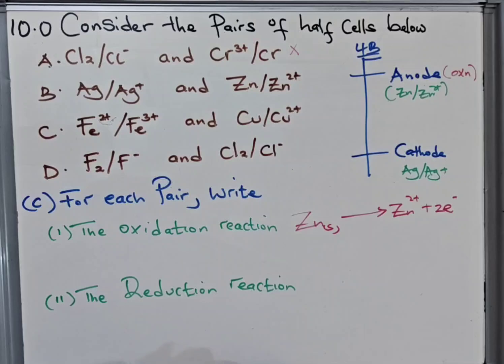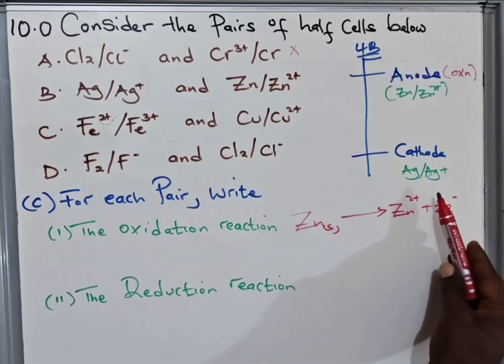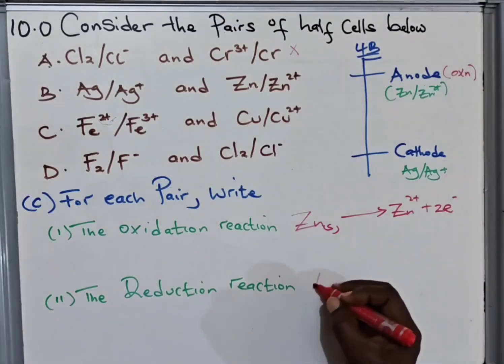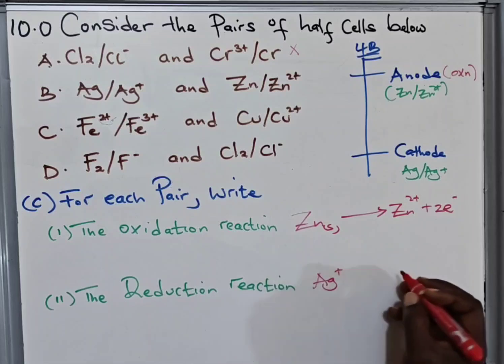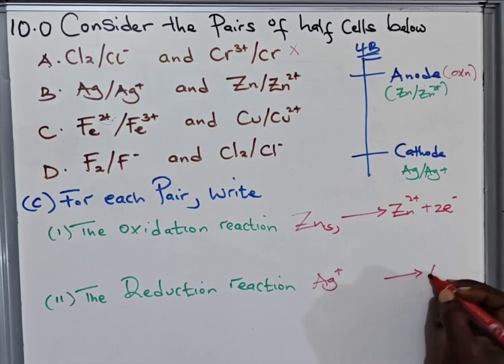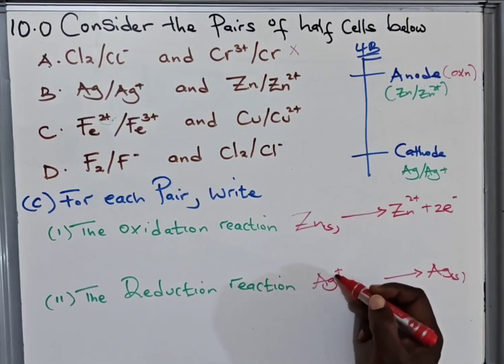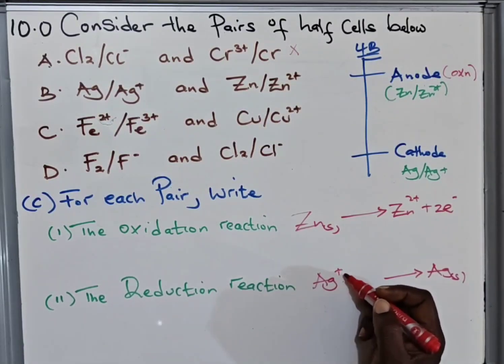Okay. We know silver is going to undergo reduction. Reduction is decrease in oxidation number. What does that mean? That we are having silver ions changing into silver solid. How many electrons involved depends on the charge here. We have +1, so we have 1 electron involved.